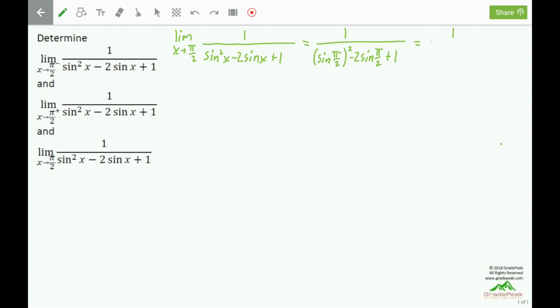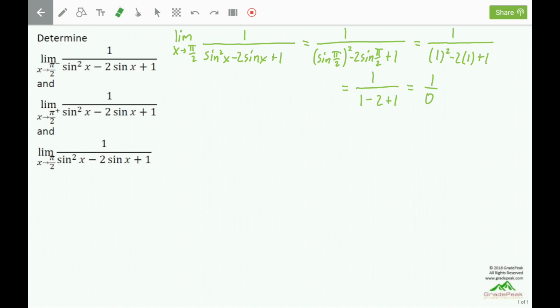Sine of pi over 2 is a 1, so 1 squared minus 2 times 1 plus 1, which equals 1 divided by 1 squared is 1, minus 2 times 1 is minus 2, plus 1, which equals 1 divided by 1 minus 2 is a negative 1, and then plus 1 is a 0.